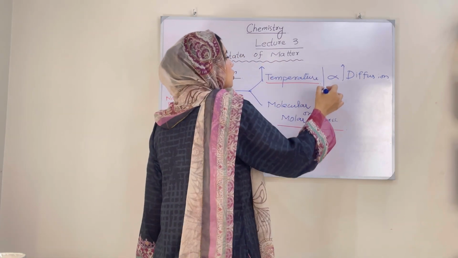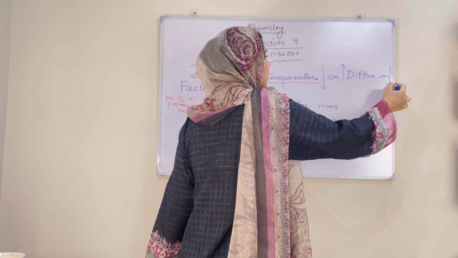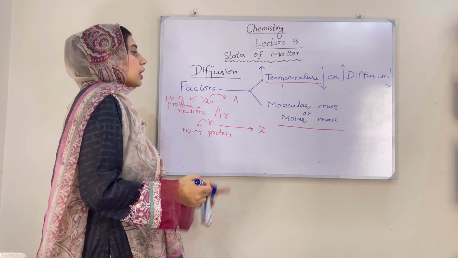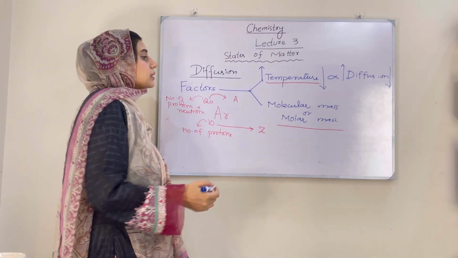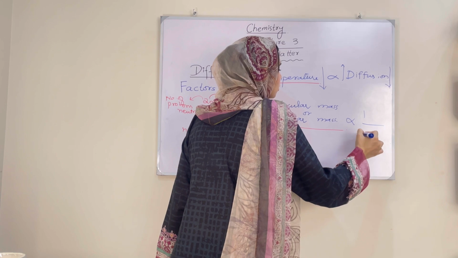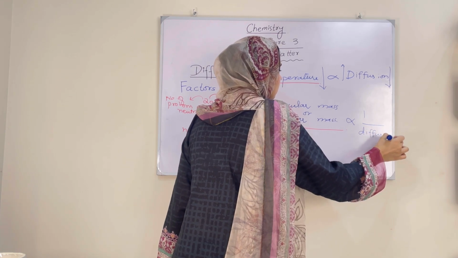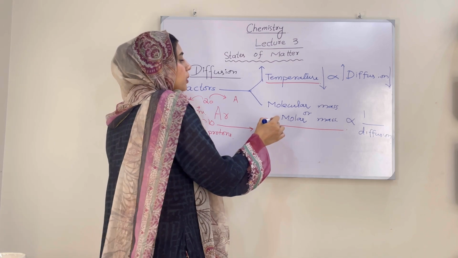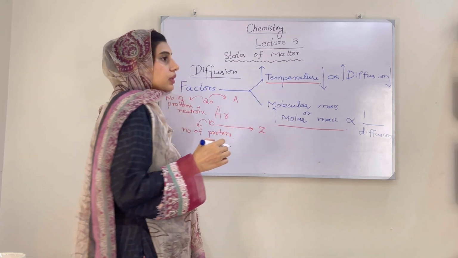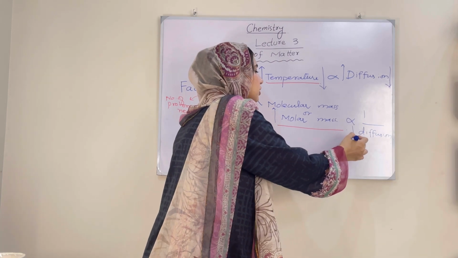When the temperature is decreasing, diffusion is decreasing. If I talk about molar mass, molar mass is inversely proportional to diffusion, because when the molar mass increases, the mass of the molecule increases, and diffusion decreases.